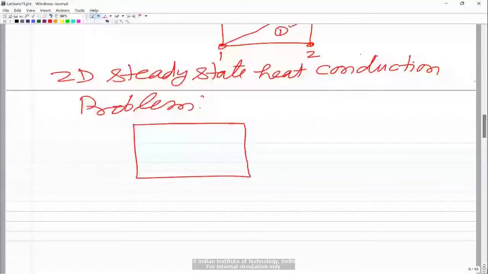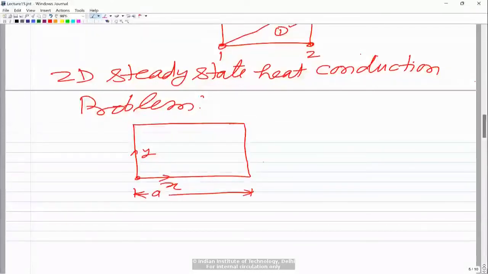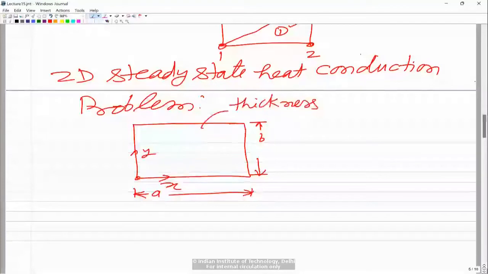The coordinates are x and y, the dimension along x is a, along y is b, and the thickness is h. I am assuming that the thickness is much smaller.